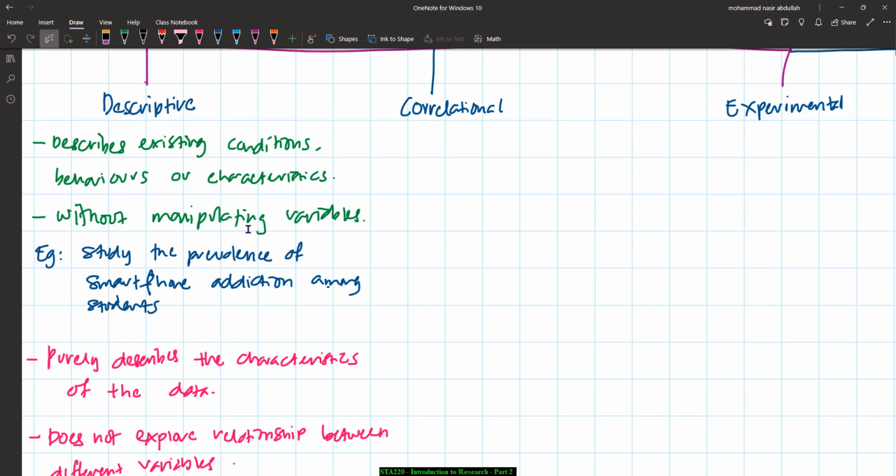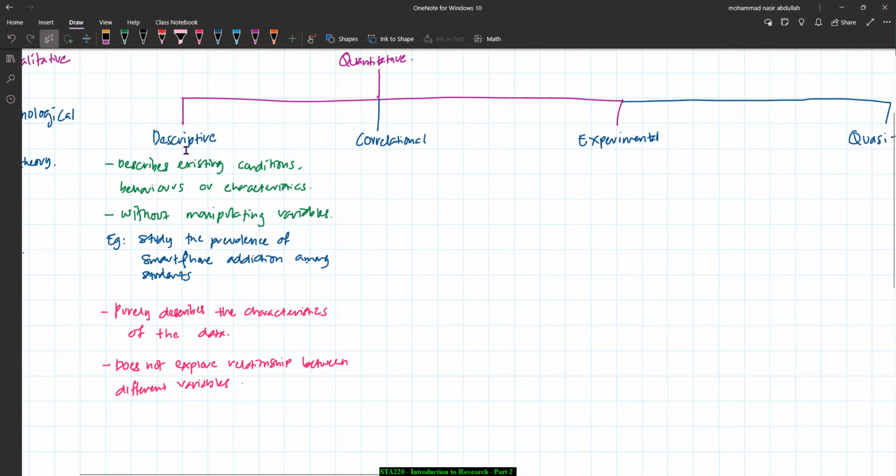So it means that we are just not going to stop here. After doing this, we will continue to other research designs, right? Of course, we want to find a relationship in future, right? So that's why in real life, normally we will combine descriptive research design and correlational research design together.